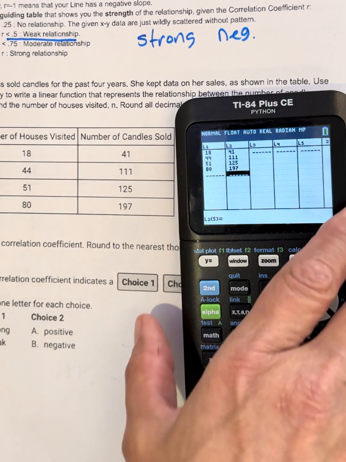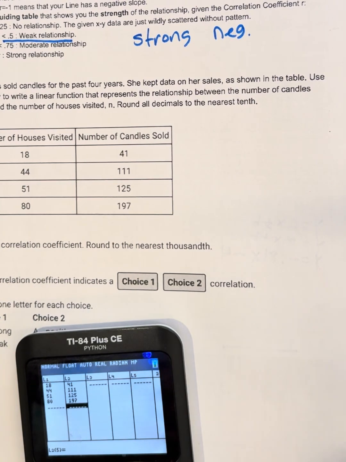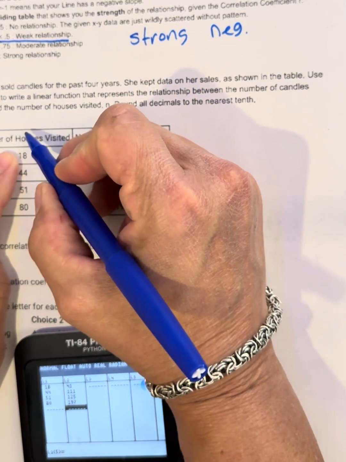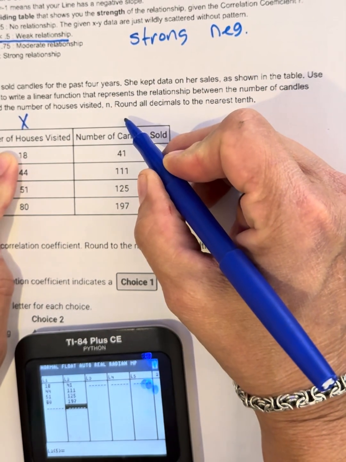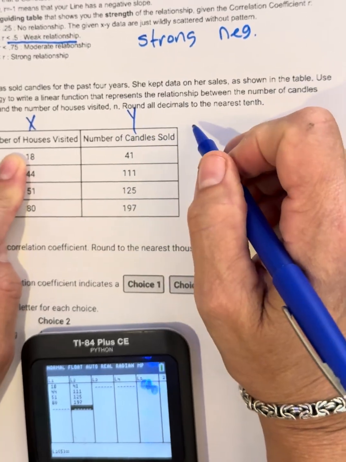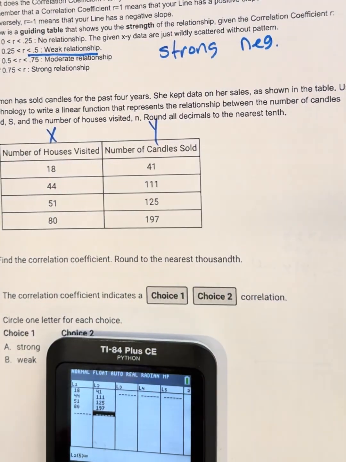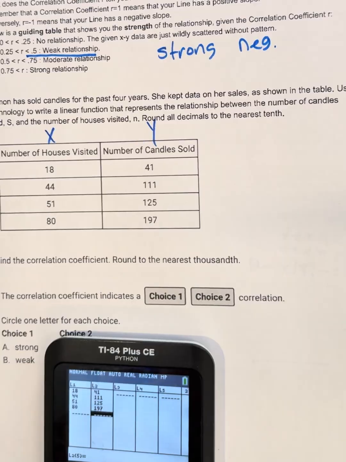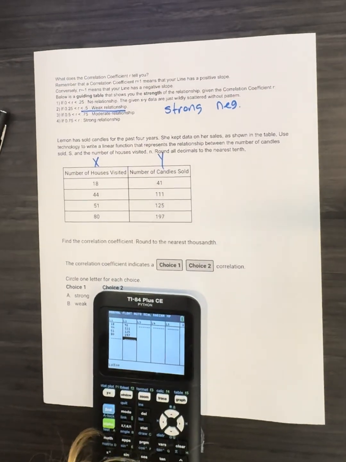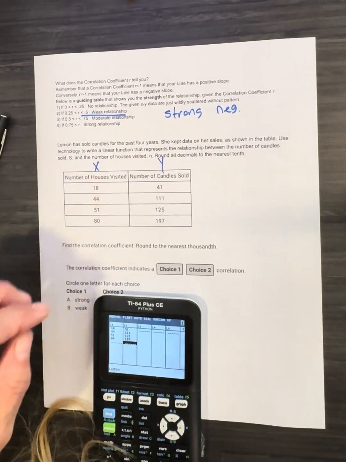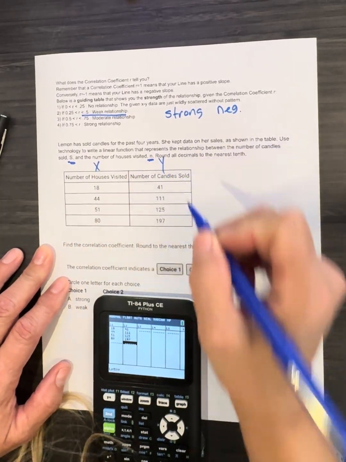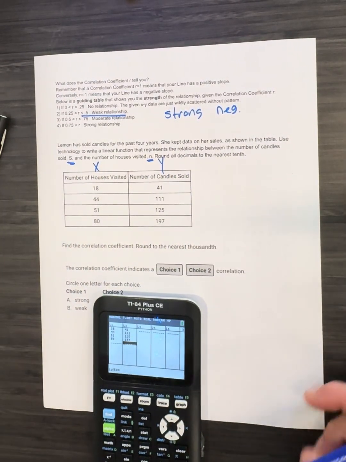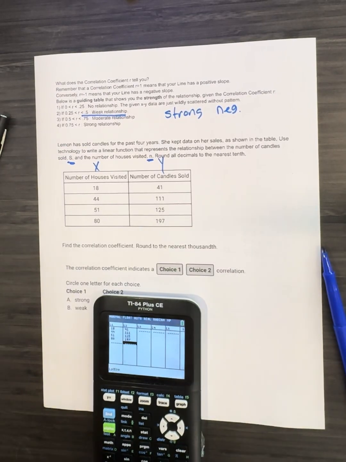Okay, so before we keep going, we need to read a teeny tiny bit. First off, what column is this, X or Y? X. This is your X column, and this is your Y column. So if you look at your notes on your word problem, you have an S and an N. So you need to back up and read what that is.